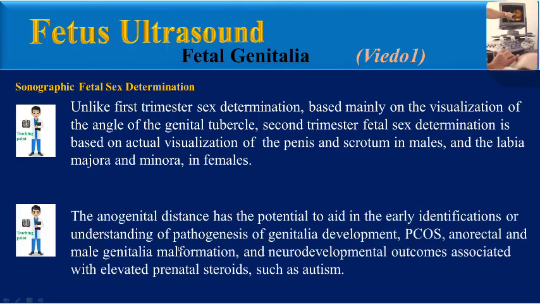The anogenital distance has the potential to aid in the early identification or understanding of pathogenesis of genitalia development, polycystic ovary syndrome, anorectal and male genitalia malformation, and neurodevelopmental outcomes associated with elevated prenatal steroids such as autism.